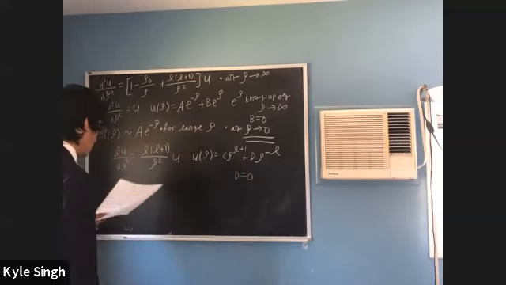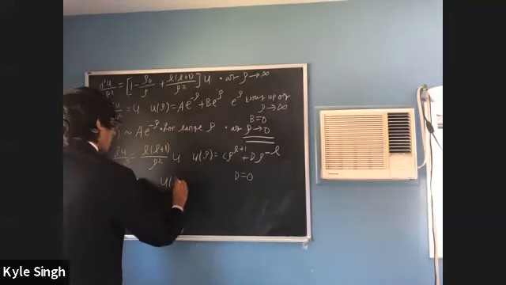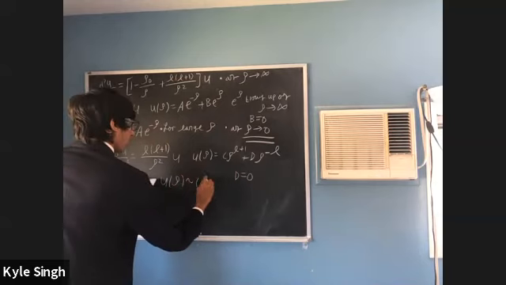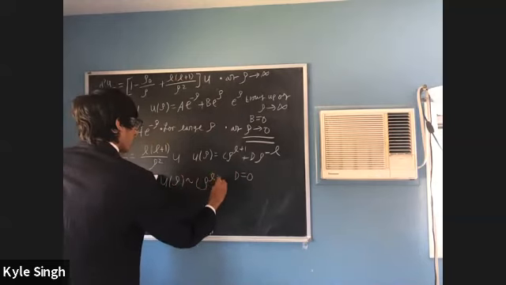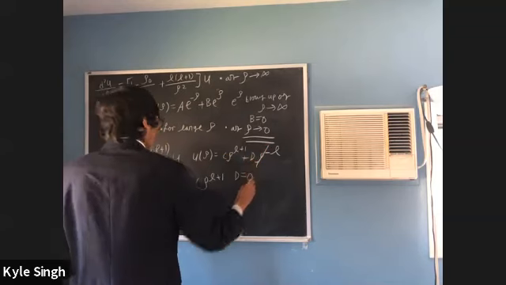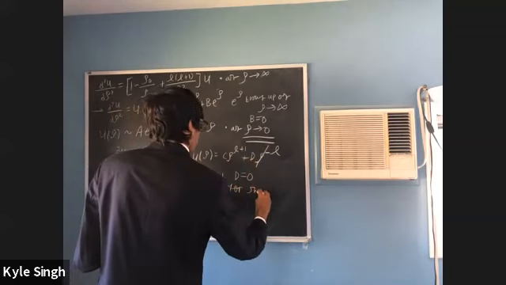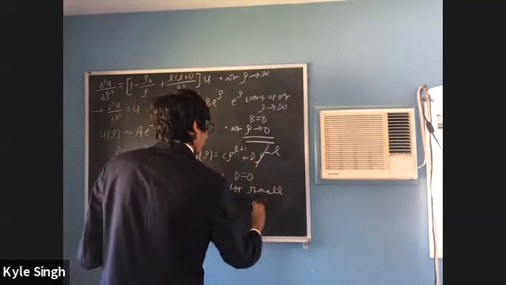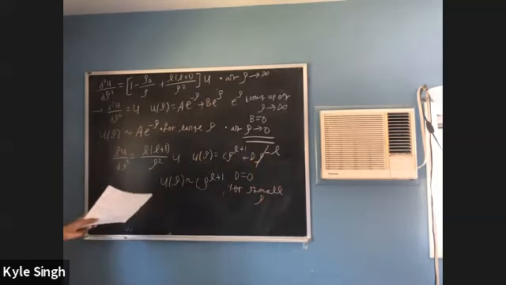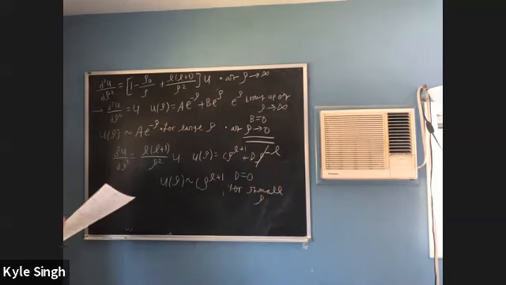We get our final asymptotic solution, because only the first term survives. This term is gone for small rho. So now we have two solutions, for large rho and for small rho.